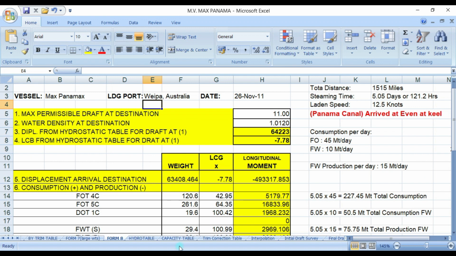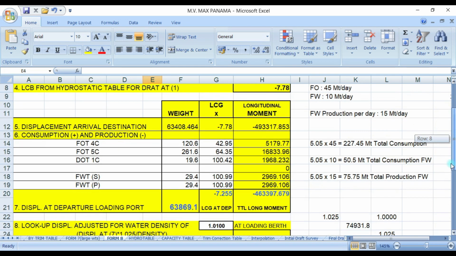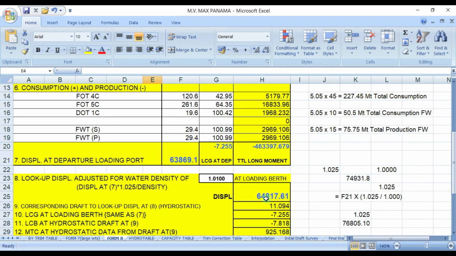Check. This is the displacement, it's F21. This is displacement times LC 1.025 over G23, which is this one, J23. Okay, so we use this displacement.